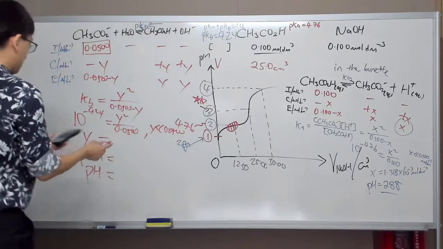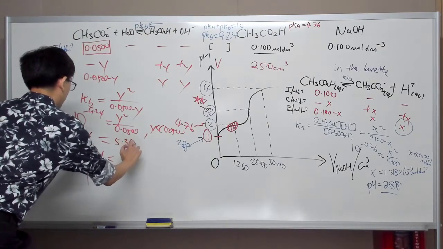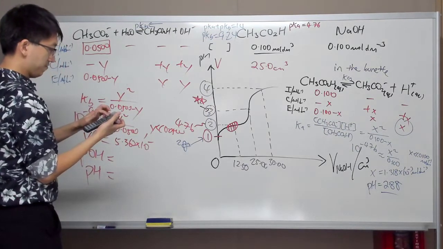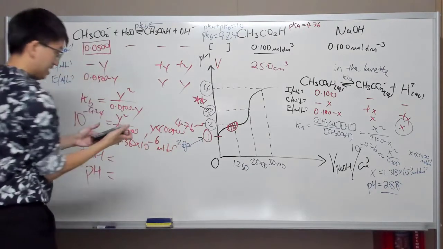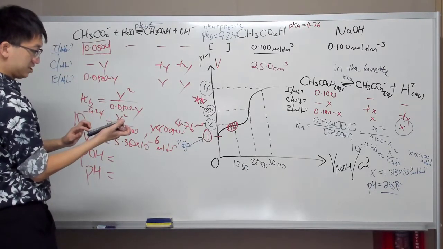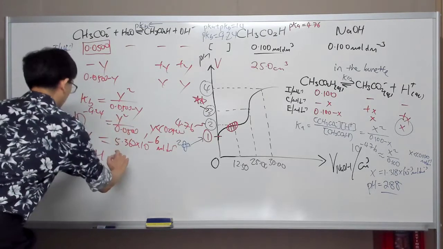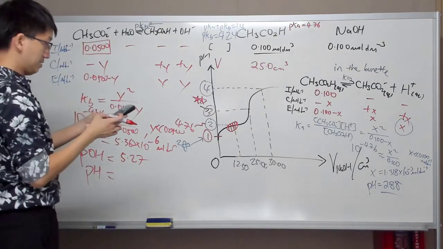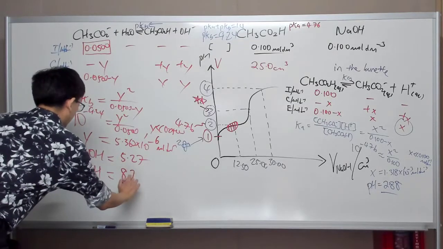That will give me 5.363 times 10 to the power of minus 6 moles per dm cube. Then I'm going to find the pOH, so minus log base 10 of that. That will be 5.27. Then I'm going to find out the pH, which is 8.73.